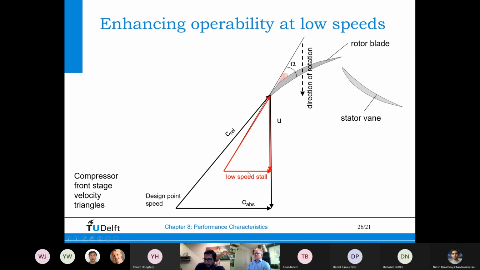So the problem is that if we go to low power, the drop in axial velocity in the first stages is more than the drop in rotor speed, or the drop in the circumferential velocity of the rotor blades. Sorry, I should say rotor blades.